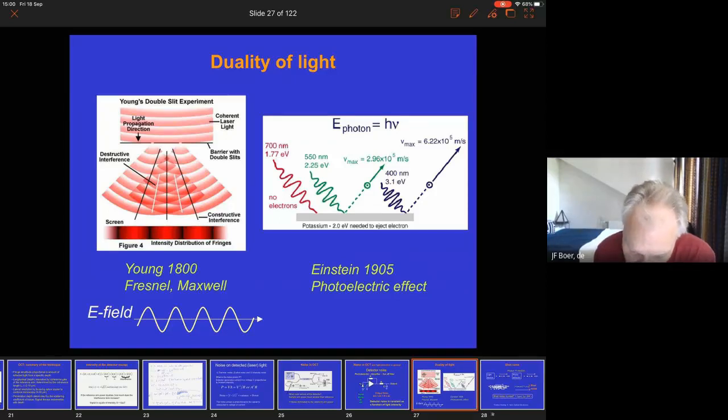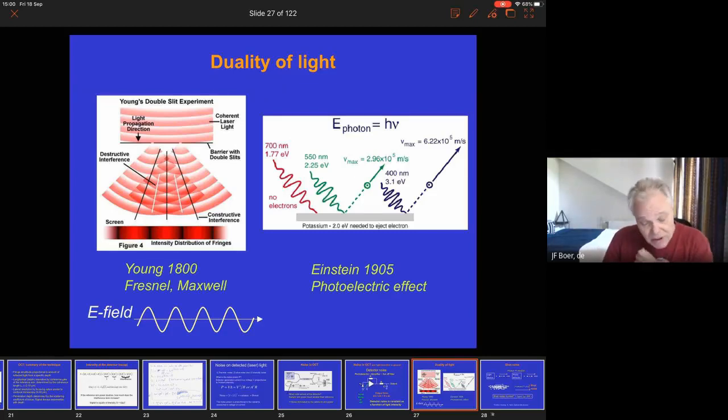The other thing that was nice about this experiment is that when you went to the shorter wavelength, so the more energetic photons, and you looked at the energy of the electron that was freed up, then more of the energy was converted to kinetic energy of the electron. So you really needed the particle picture of light to describe the results of this experiment, and that's why it's a groundbreaking experiment.